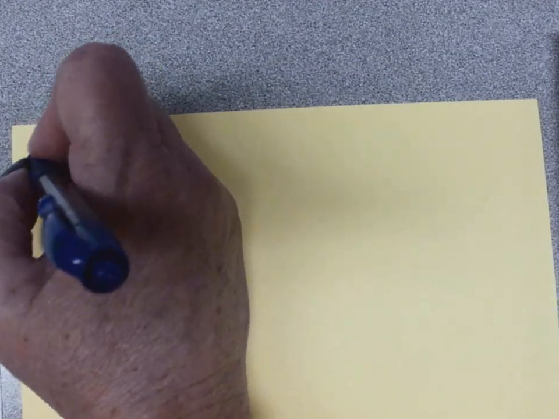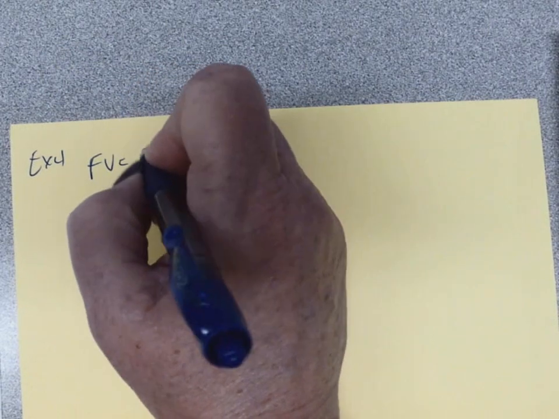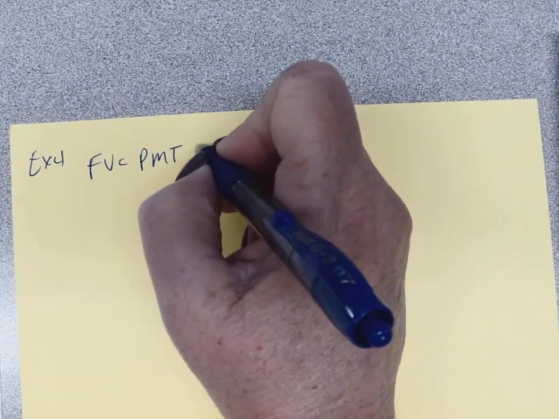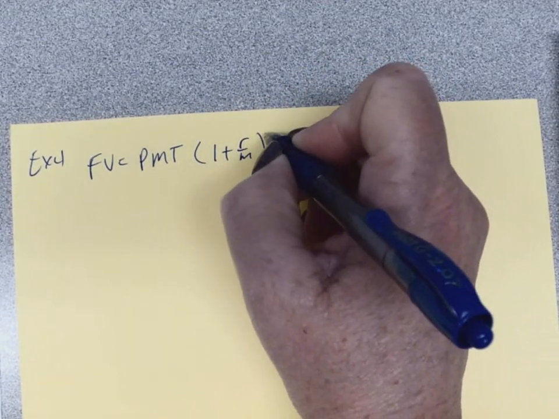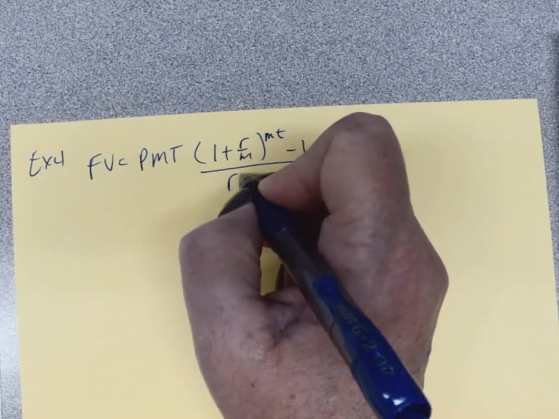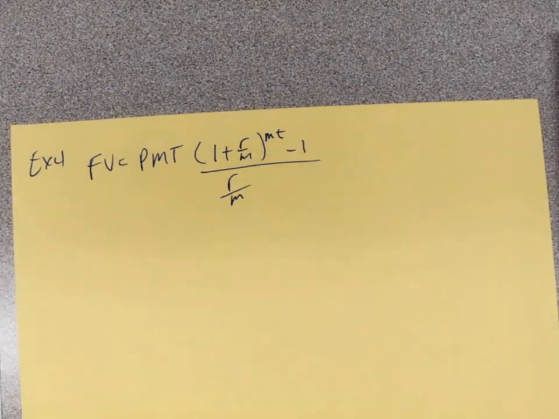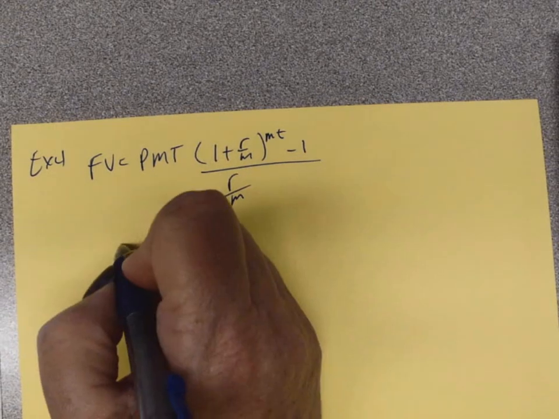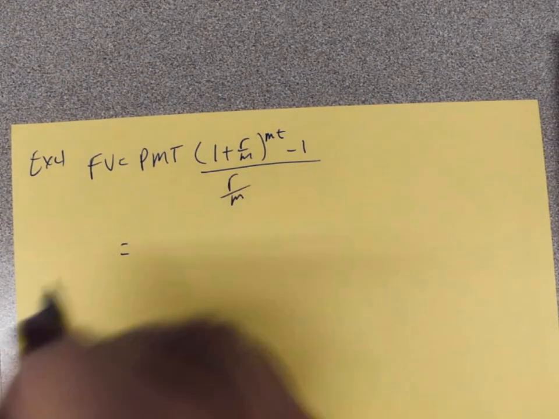So this is example 4. We're going to have future value equals payment times 1 plus R over M raised to the MT minus 1 over R divided by M. All right, so our future value will be equal to our payment.